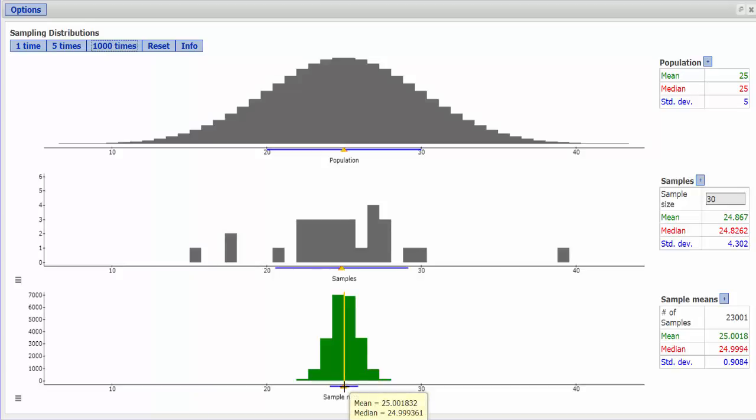The mean is going to be equal to the population mean. Okay, so the mean of all my sample means is equal to the population mean. And again, we see that our standard deviation has decreased yet again from where it was before to what it is now. So this illustrates several properties of the sampling distribution of sample means.